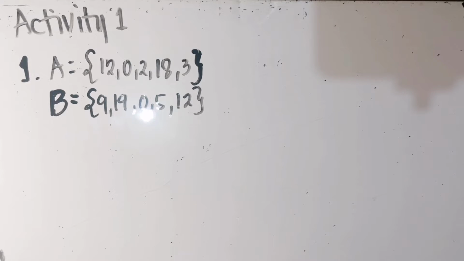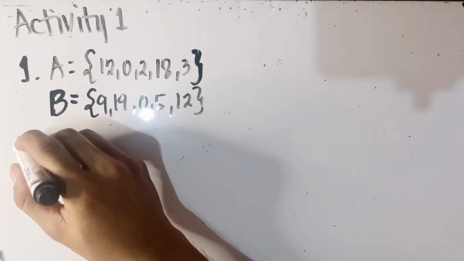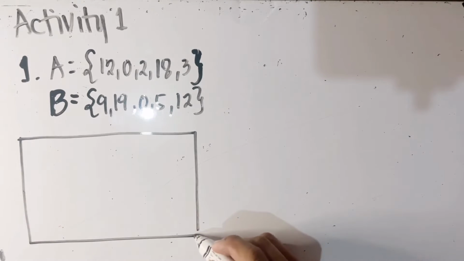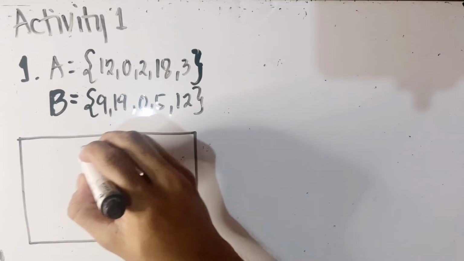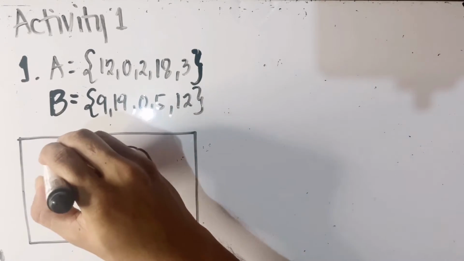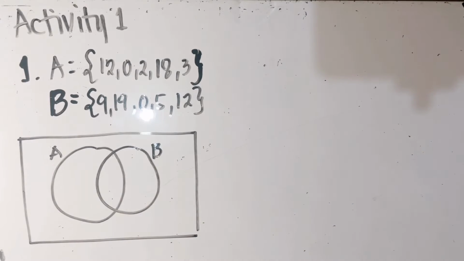Next, let's draw the Venn diagram. This circle represents A, while this circle represents B. Next.